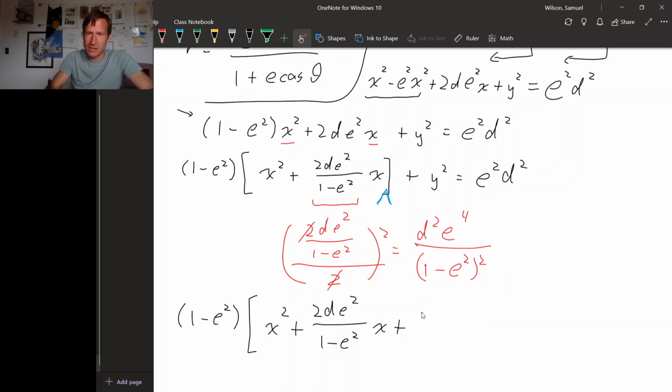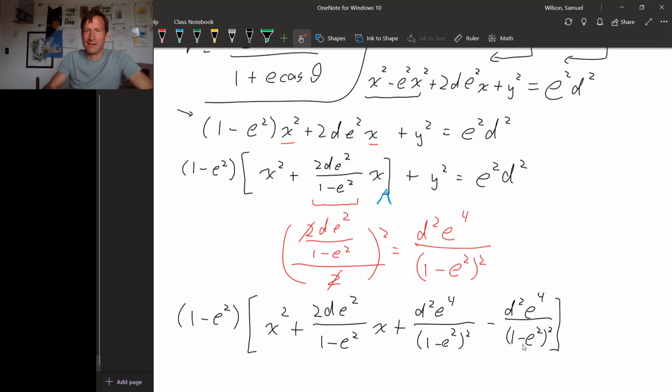So plus d squared e to the 4th over 1 minus e squared squared. And then the price for making that appear is that we also have to subtract it. So minus d squared e to the 4th over 1 minus e squared squared plus y squared equals e squared d squared.